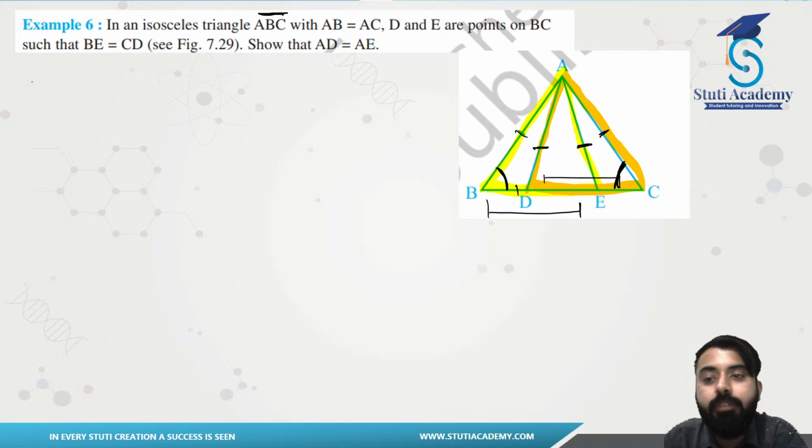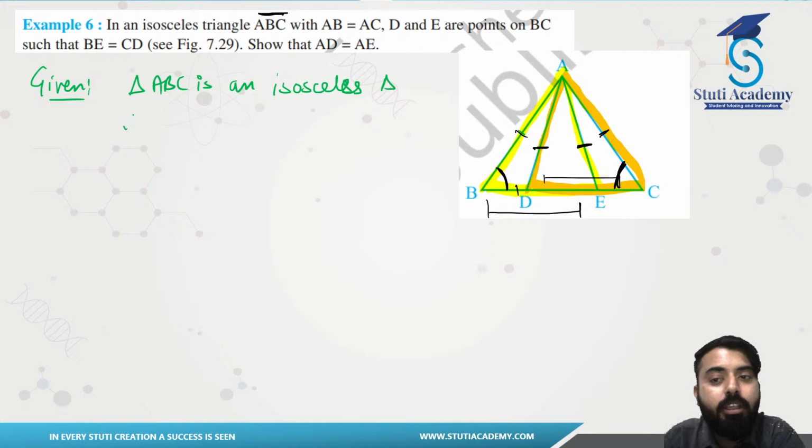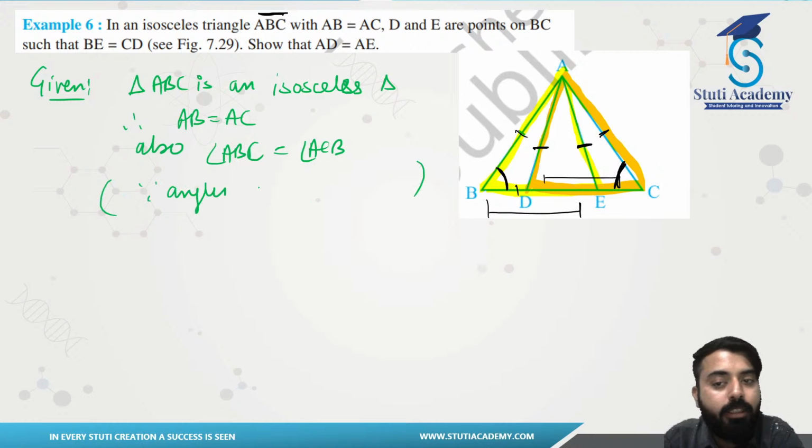So what we have been given? Given: triangle ABC is an isosceles triangle. Therefore, I can say AB is equal to AC. Also, angle ABC equals angle ACB, because angles opposite to equal sides are equal.